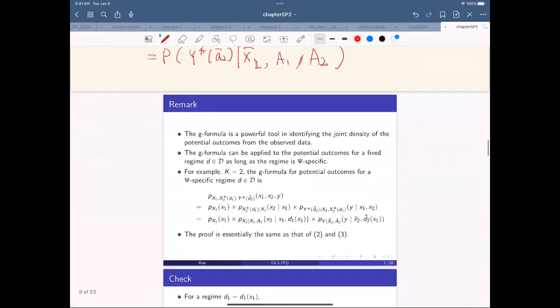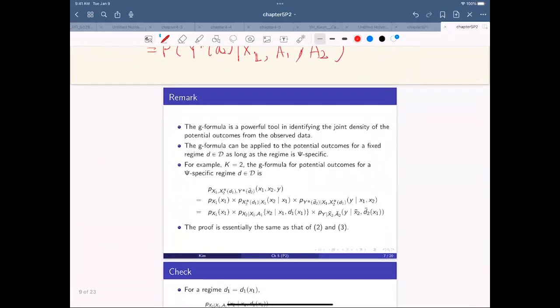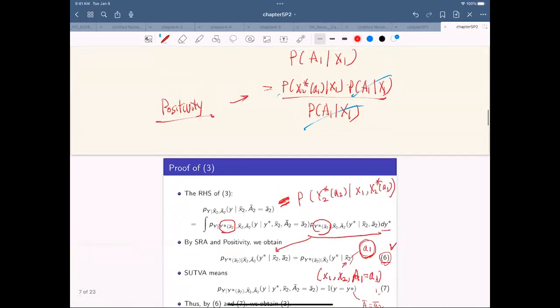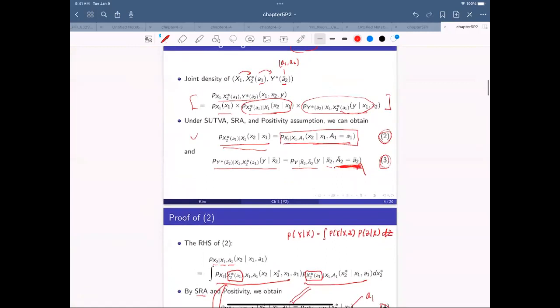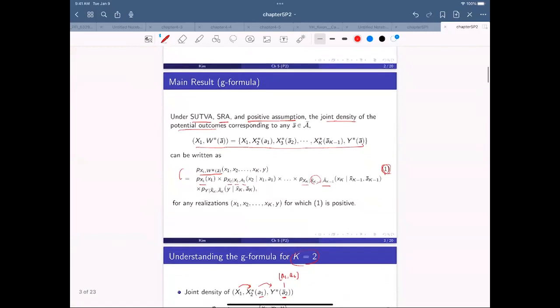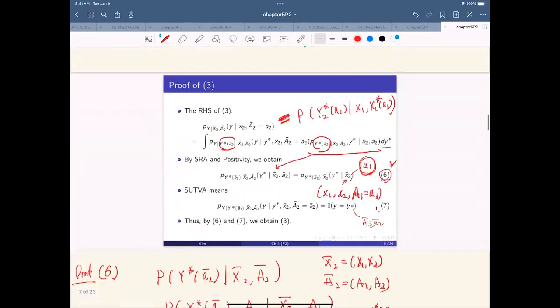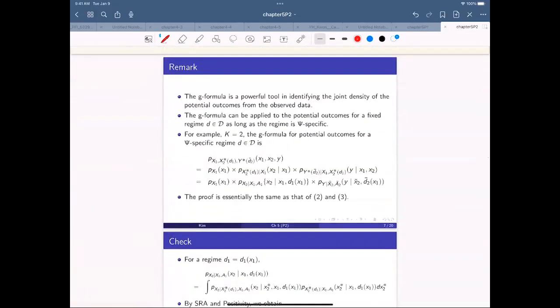Okay, thank you. So the G formula is a powerful tool in identifying the joint density of the potential outcomes from the observed data. This formula is an expression in terms of the potential outcome, A. Another version of the G formula is to obtain it for a potential outcome under a fixed regime.